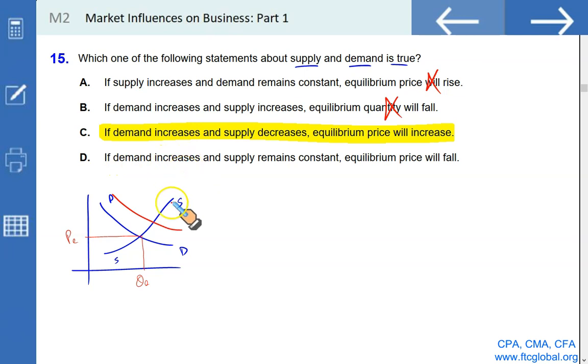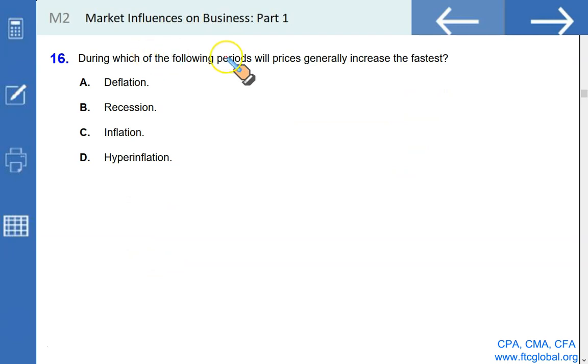If the demand increases, this is the new demand curve, D1, and supply remains constant, equilibrium price will fall. Wrong. Equilibrium price will increase. So this is incorrect as well. So it is always advisable to draw the curves and then you can see what would be the effect on the price and quantities. During which of the following periods will prices generally increase the fastest?